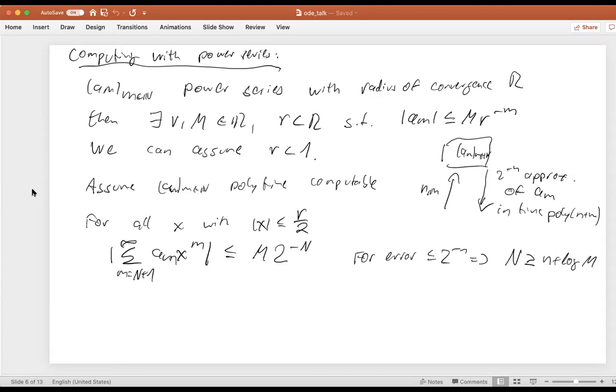But it's quite easy to see that polynomial approximations suffice.